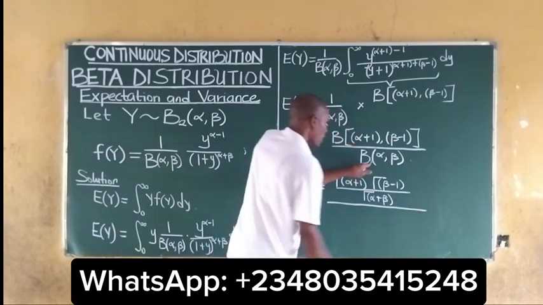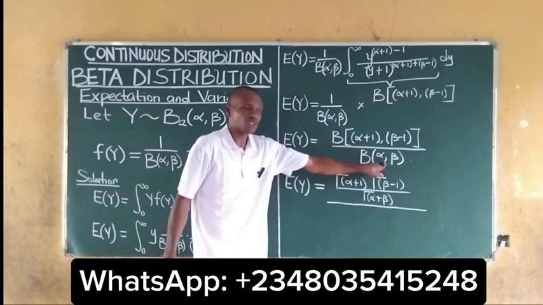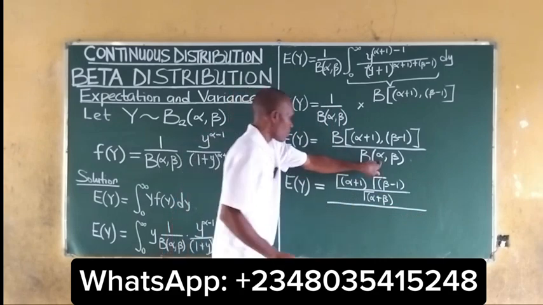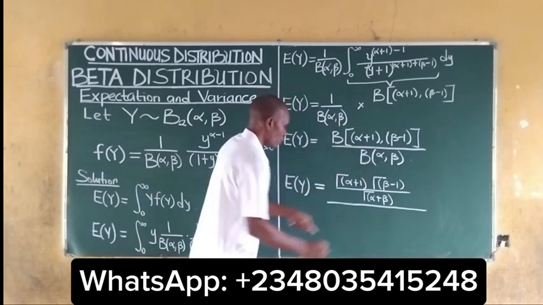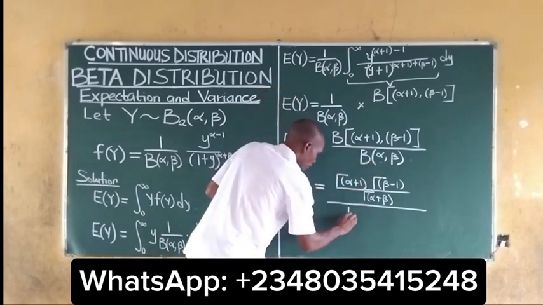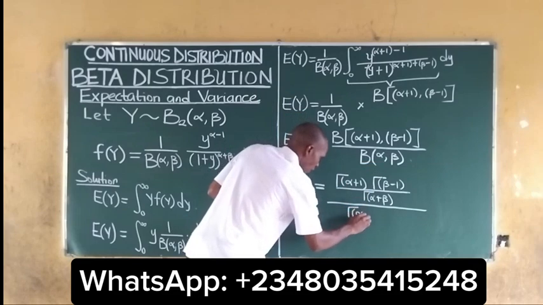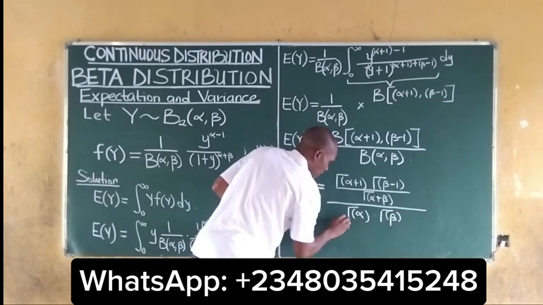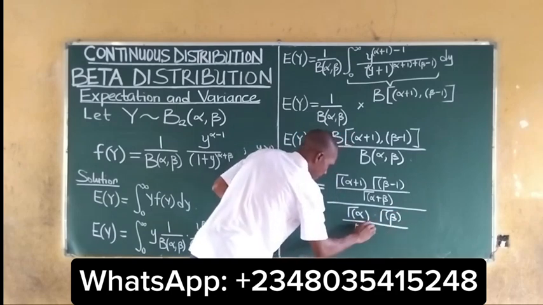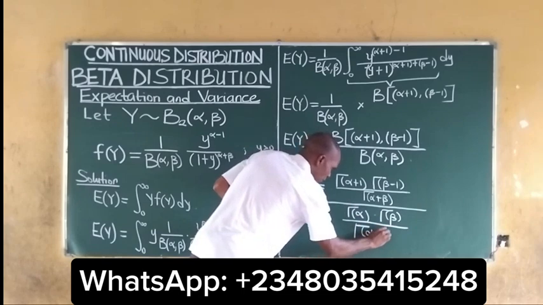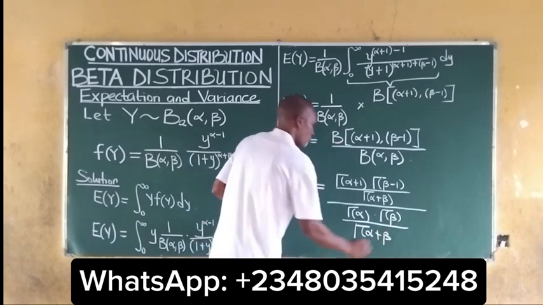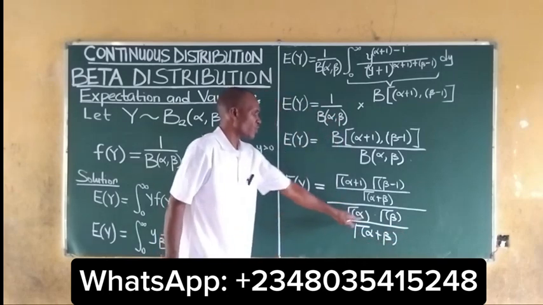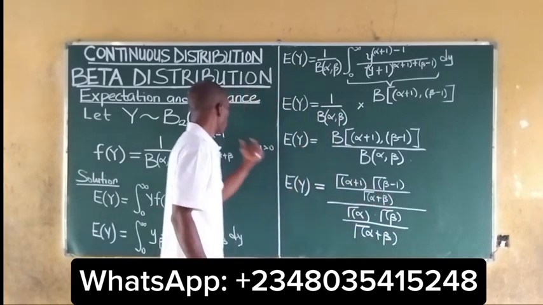Then we write the beta function B(alpha, beta) using the gamma function, and it will give us gamma alpha multiplied by gamma beta, all over gamma of alpha plus beta.